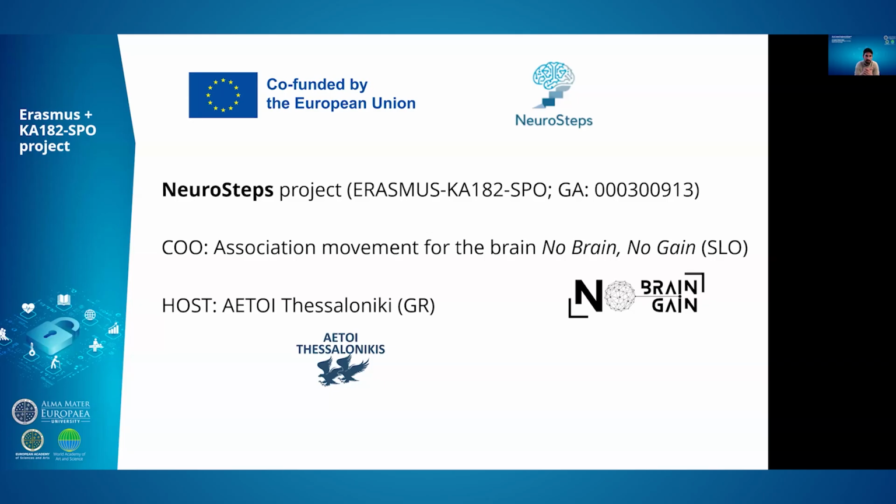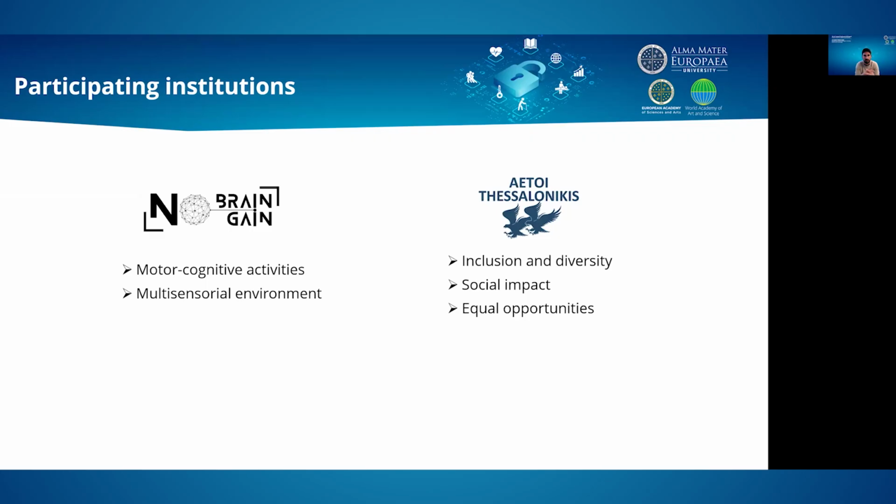So the coordinating organization is the Association Movement for the Brain from Slovenia, and the hosting organization is Aitoi Thessaloniki, an association from Greece. So the two organizations already collaborated in the past in an EU-funded partnership project, which somehow laid the foundation for this mobility.